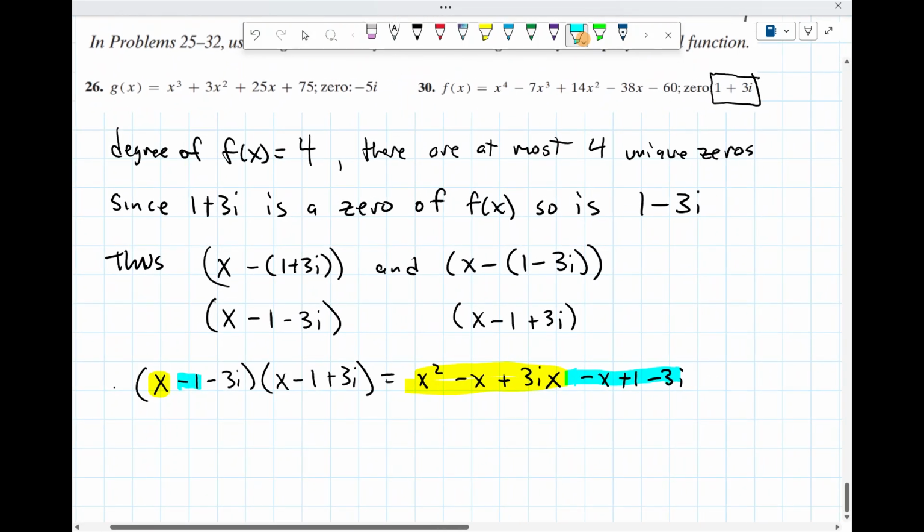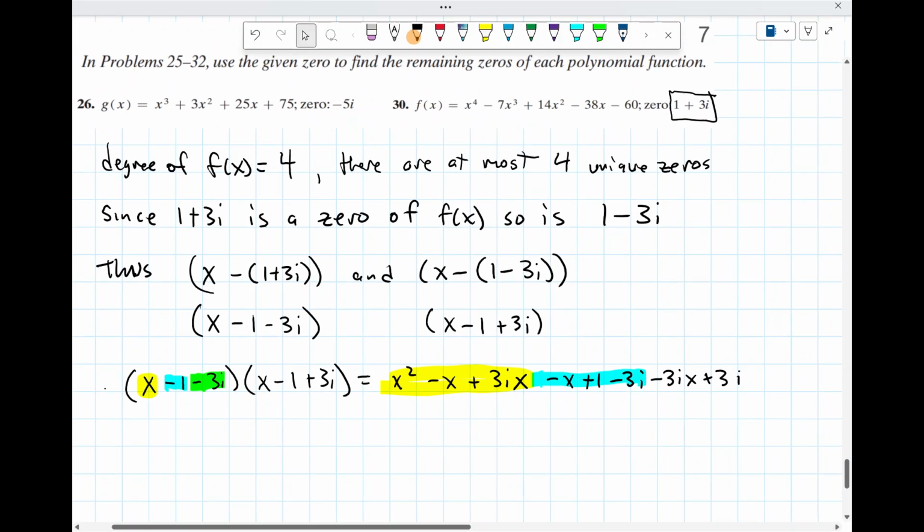And then finally, I'm going to multiply everything in the right-hand parenthesis by negative 3i. So that will be negative 3ix minus 3i, and then minus 9i squared.